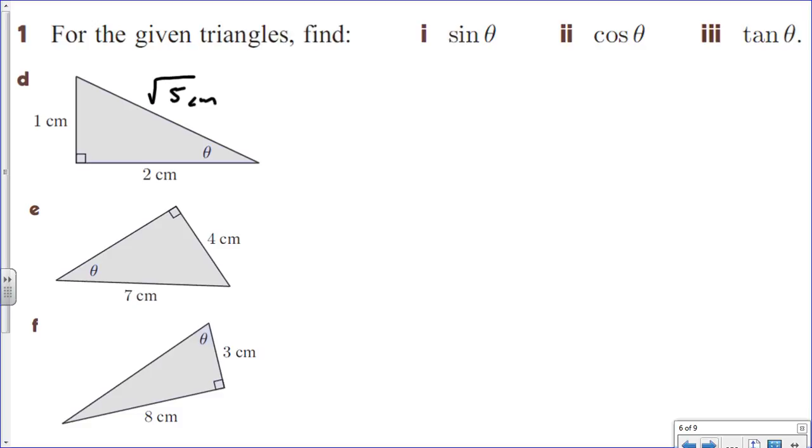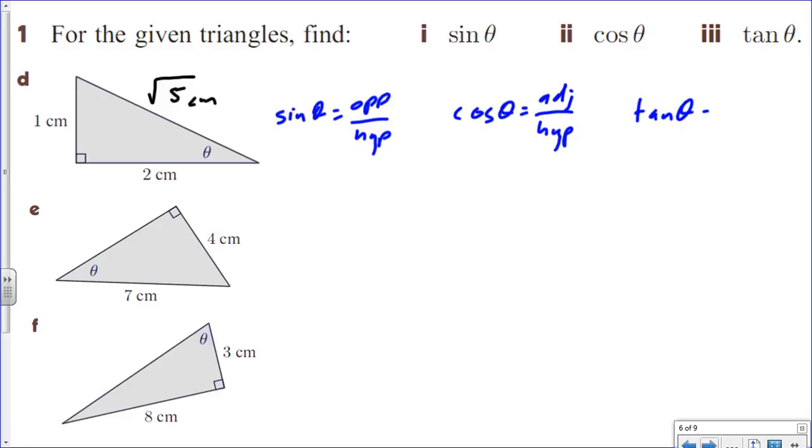Then we write our trig ratios. So sine theta equals opposite over hypotenuse. And we've got cos theta equals adjacent over hypotenuse. And then we've got tan theta equals opposite over adjacent. We then mark our triangles.